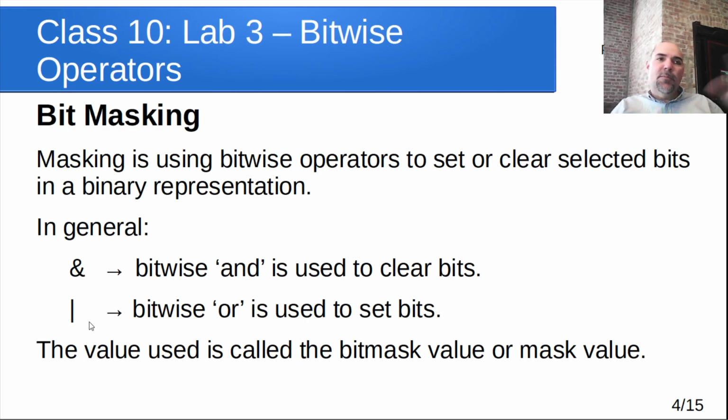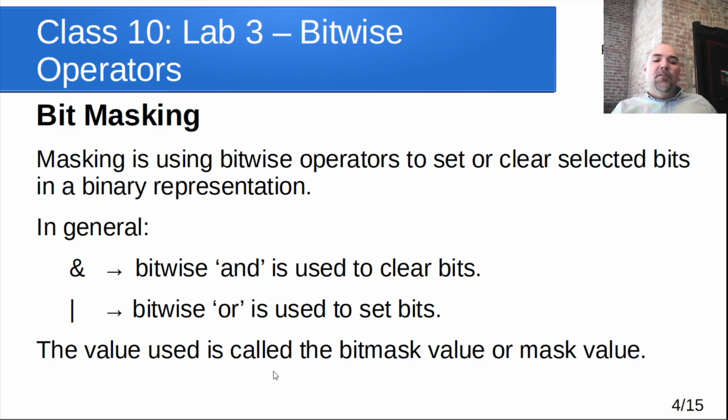So if we have some variable that has some pattern of bits in it, we can use the bitwise operators to clear bits when we want to, forcing them to be 0, or to force them to be 1 when we want to. And essentially, the general way of using this is that bitwise and is used to clear bits, or get rid of them, forcing them to 0. And bitwise or is used to do the opposite, to force certain bits in a pattern to be 1 rather than 0.